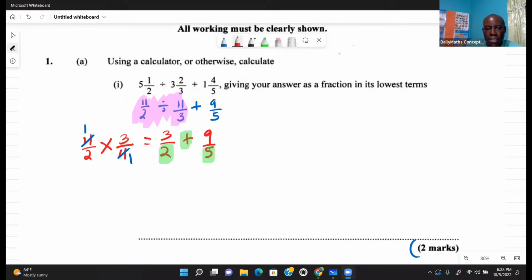So the LCM is definitely 10. 2 into the 10, 5 times. 5 times 3 gives us 15. 5 into the 10, 2 times. 2 times 9, that's 18. And then there's an addition there, 33 over 10. You would have gotten your marks for that.